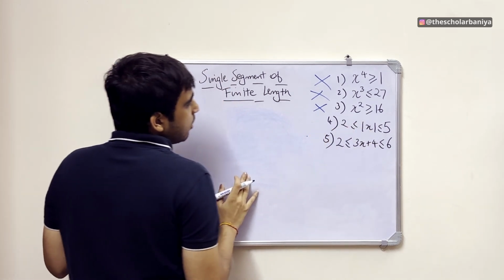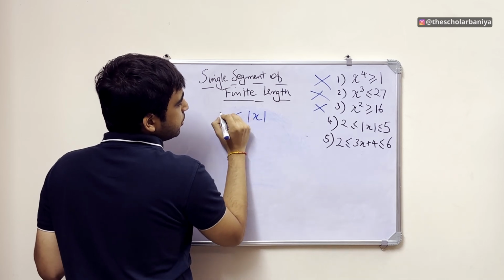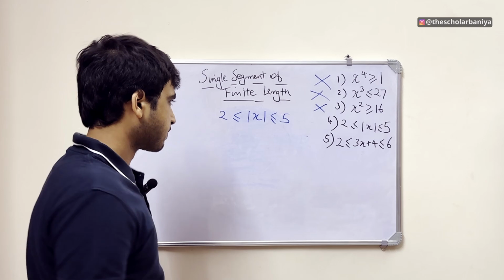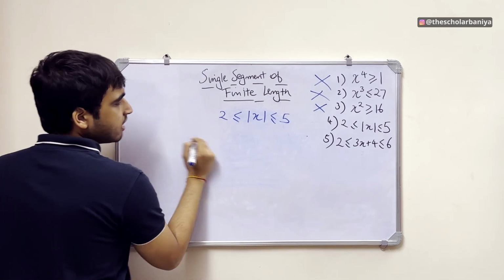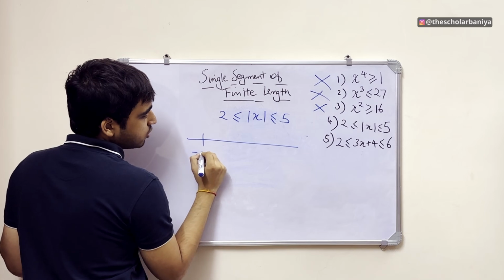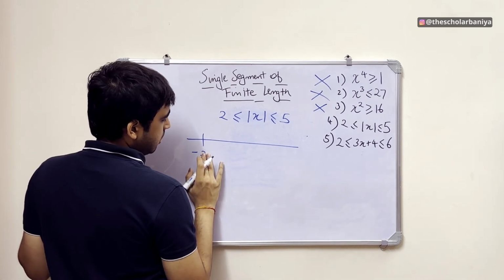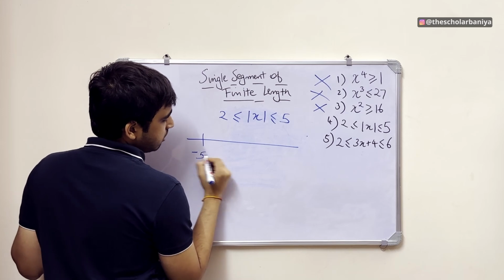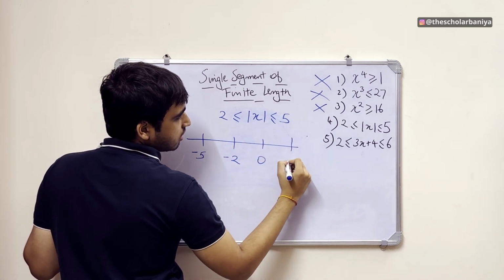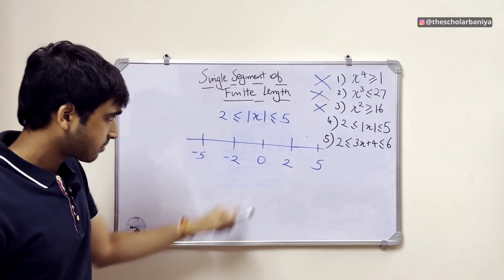Okay, now let's talk about this case. Mod of x is between 2 and 5, right? This is the case. Now just tell me one thing. If you draw a number line and mark -5, -2, 0, 2, 5, right?